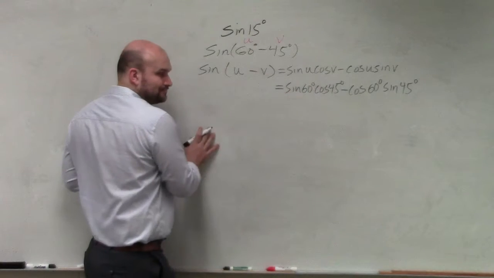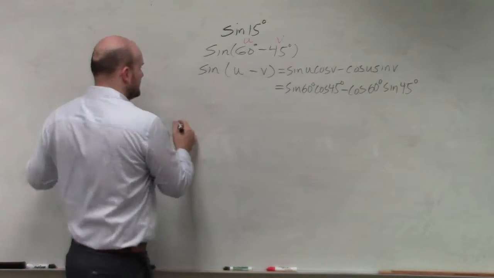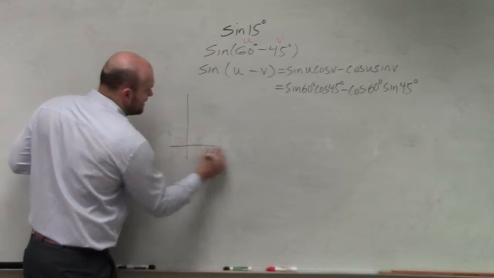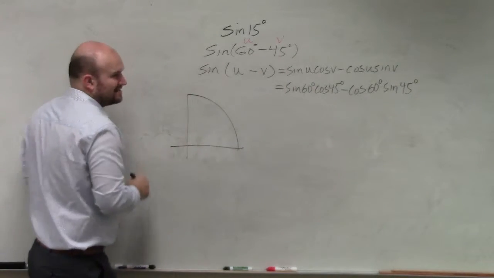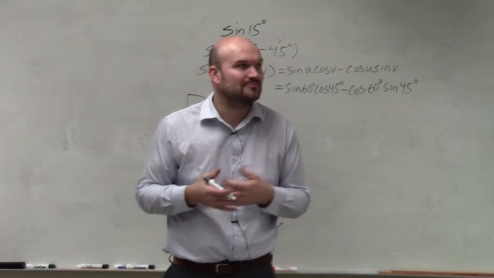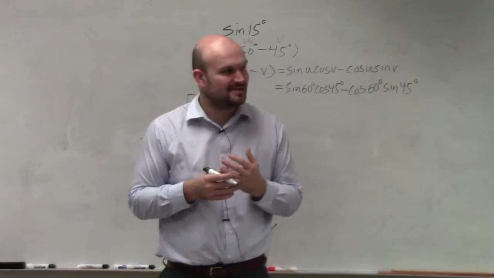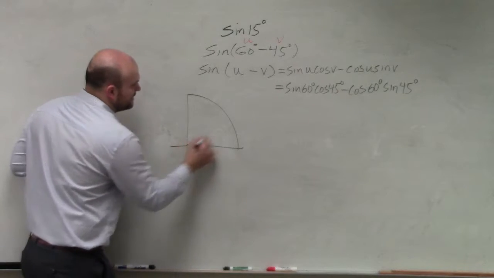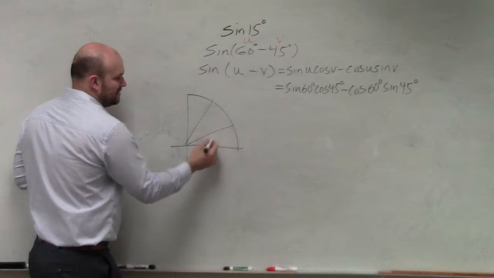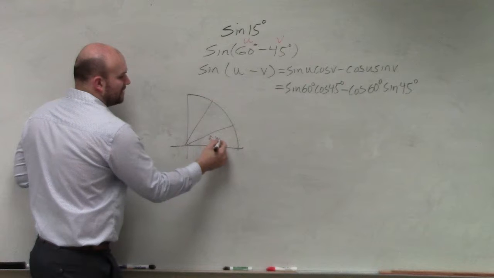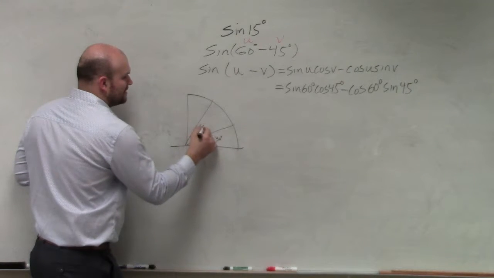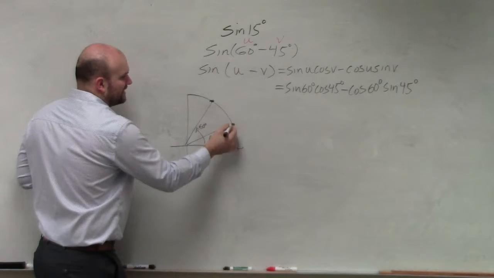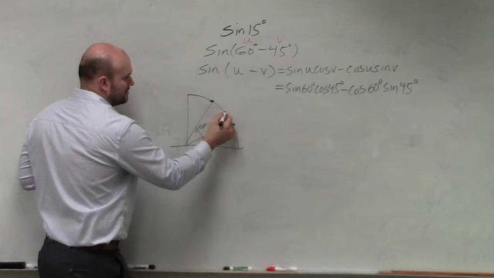Now, I was teaching this last class period, and I did this exact same video, and I made a mistake. The reason is because I got lazy. I got complacent with knowing my unit circle. I think it's very helpful, guys, when you're doing these, to have a rough sketch of the first quadrant, just so you don't forget what these coordinate points are.